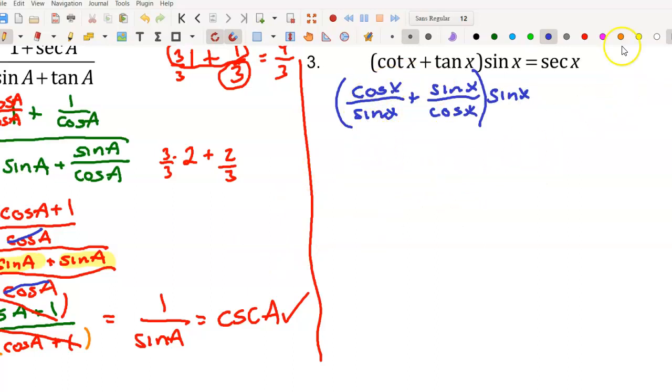More denominator time. Same rules as if I was going to add 4 over 3 plus 3 over 4. Take this denominator, multiply it by top and bottom here. Take this denominator, multiply it by top and bottom here. So they'd both be over 12. That's what I'll do here. This first fraction I'm going to multiply by cosine x over cosine x, the other one by sine of x over sine of x.